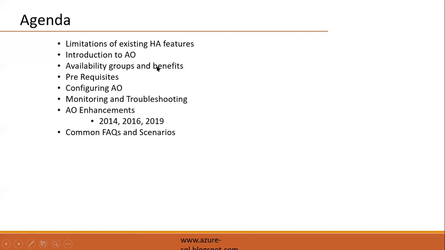Availability groups and benefits we'll see. Always On availability group means I will configure mirroring only, but we are creating one group.